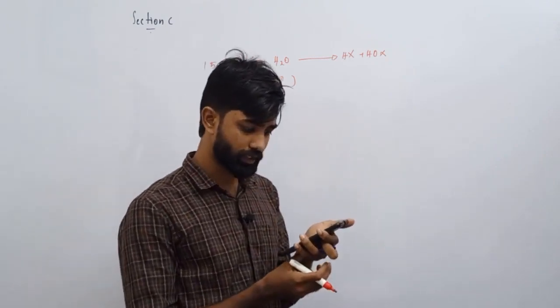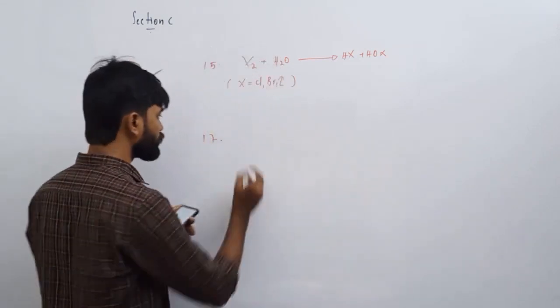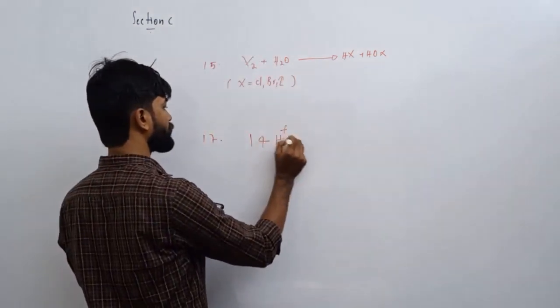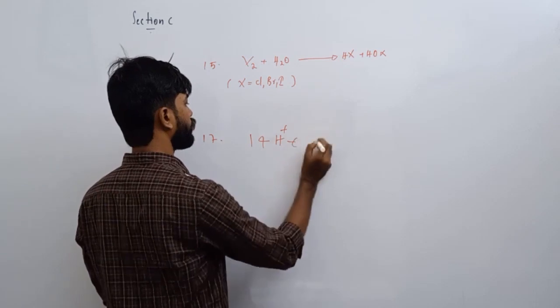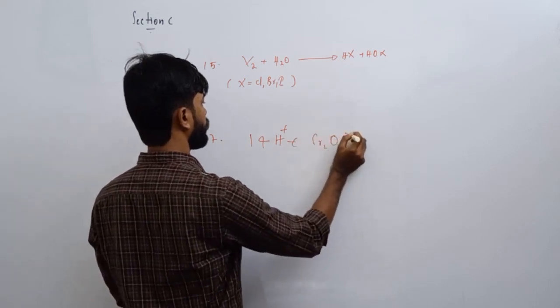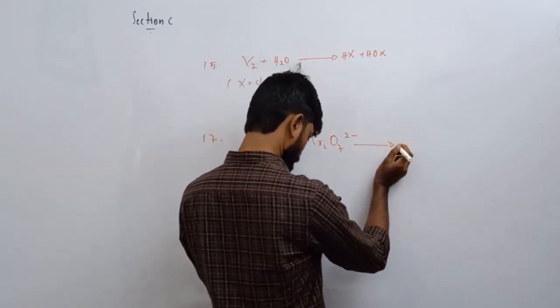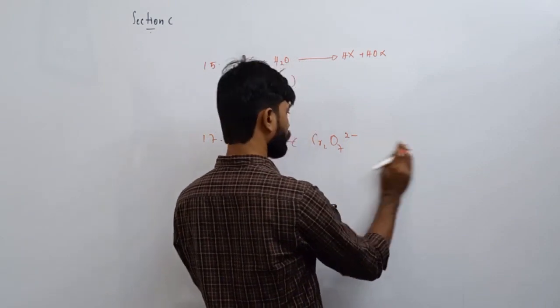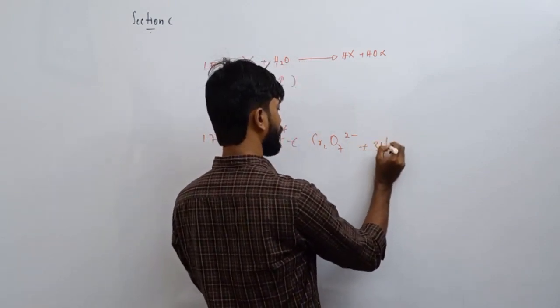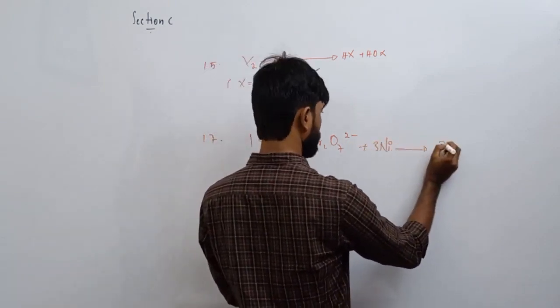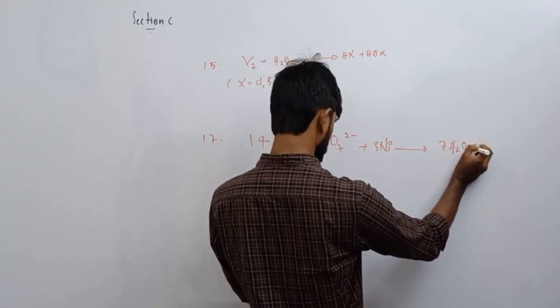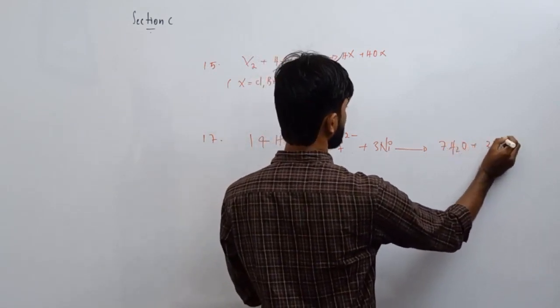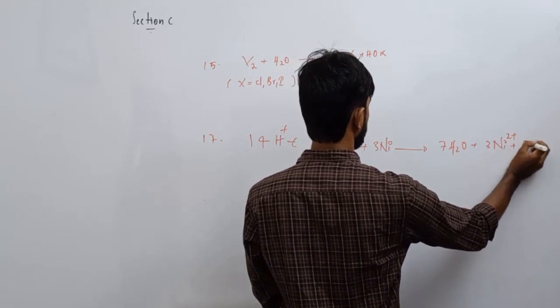Which substance is serving as the reducing agent in the following reaction? It is very easy, right? 14H+ plus Cr2O7 2- plus 3Ni gives 7H2O plus 3Ni2+ plus 2Cr3+.